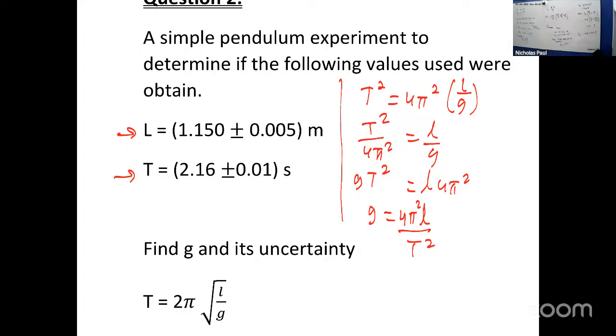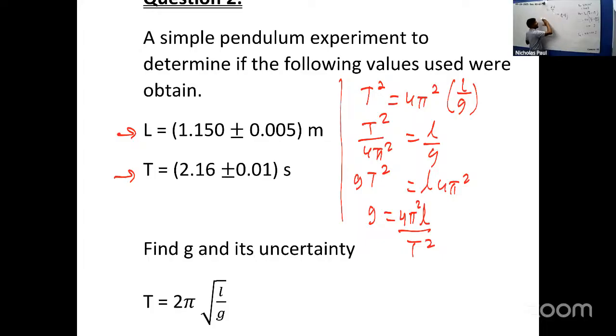Right? I'm gonna do this now. Your value should be close to something you know, right? Close to 9 point something. What you got? How much you get? 9.7.